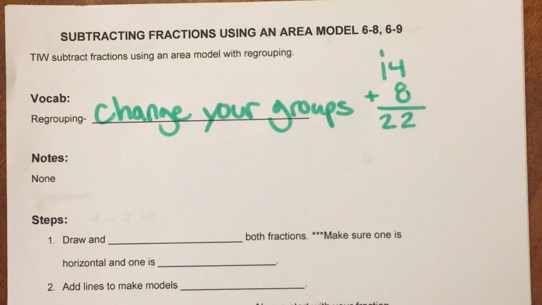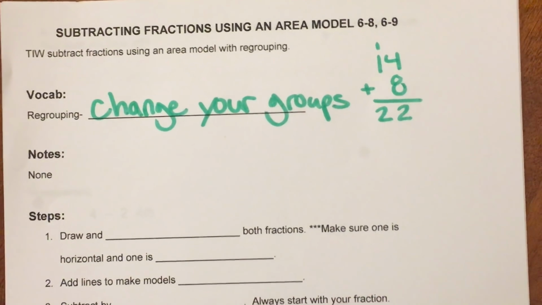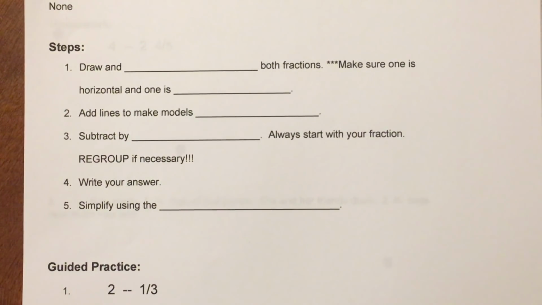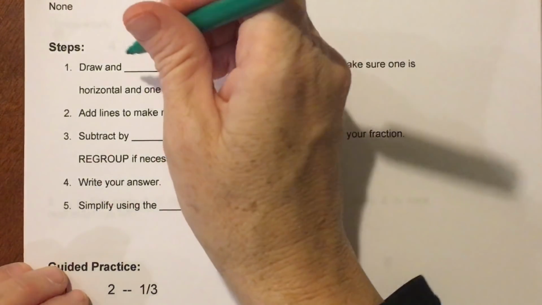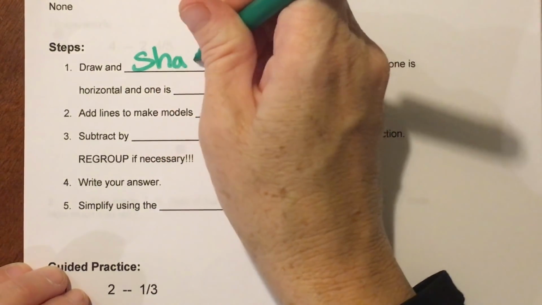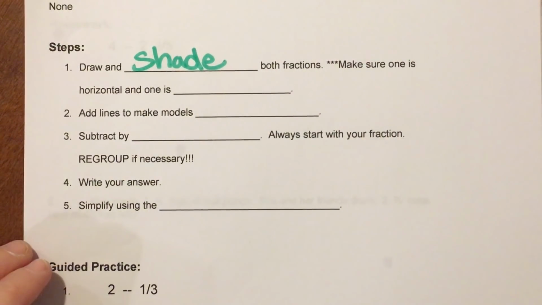Okay, there really are no new notes because today's lesson is very similar to last night's lesson, so you can refer to last night's lesson. Our steps are also the same, so I'm going to go through them a little bit quickly. We're going to draw and shade both fractions.